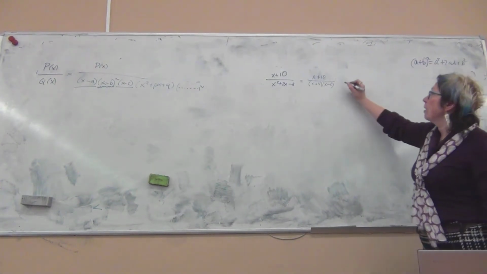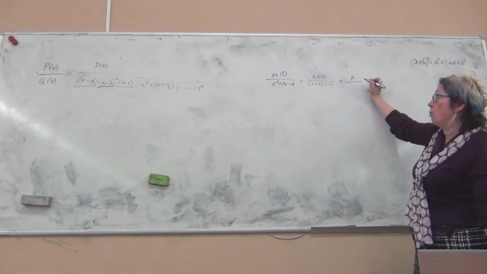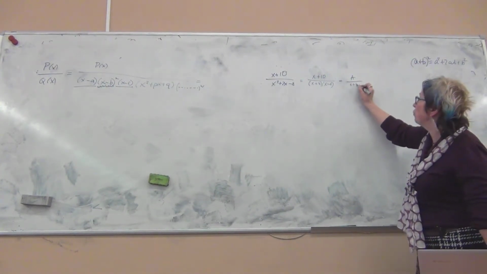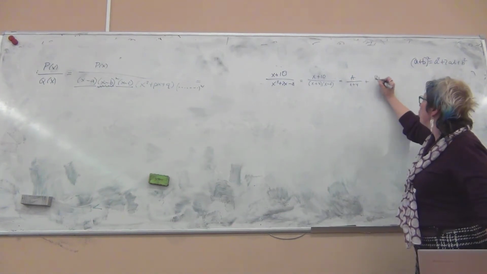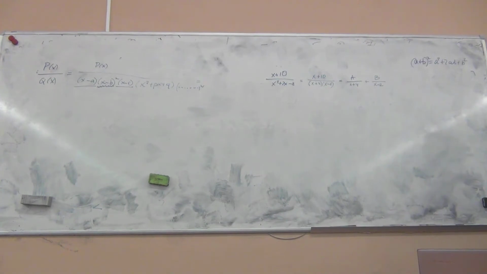Which means that basically this should become some unknown coefficient a over x plus 4, plus some unknown coefficient b over x minus 2. So these would be very simple to integrate. Now the problem is, how do we find a and b? We are using something called the method of indefinite coefficients, or the method of uncertain coefficients.